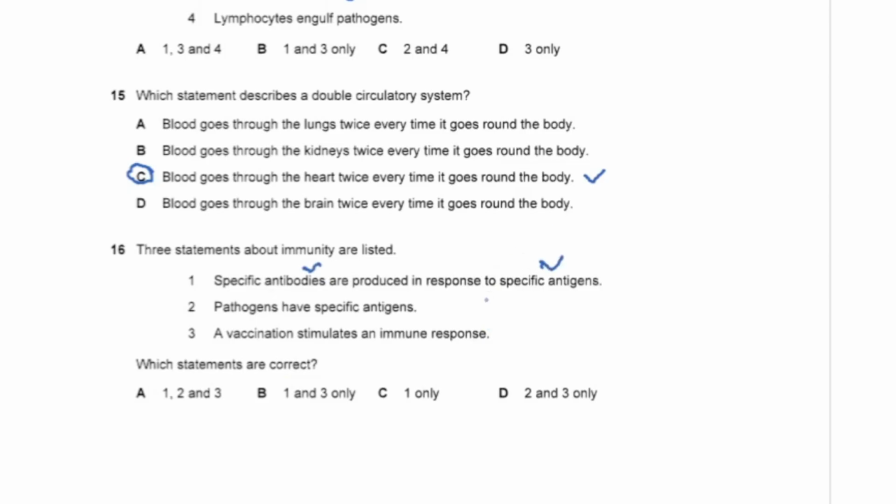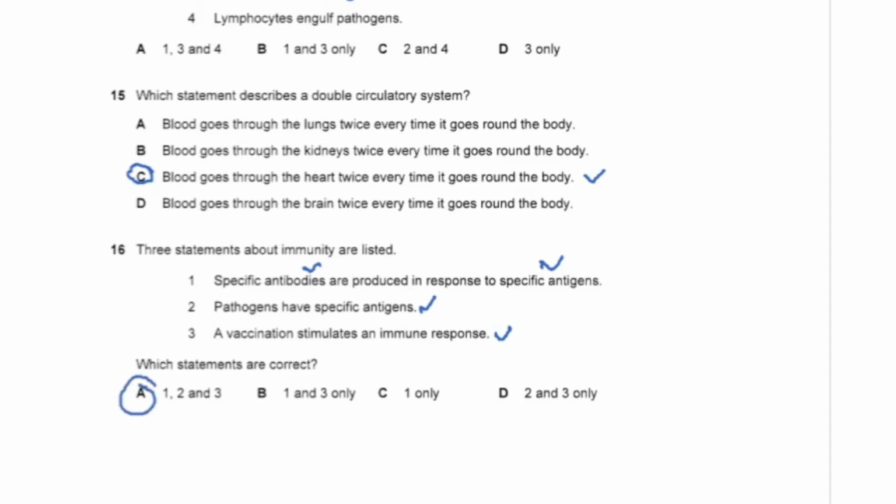As a matter of fact, the shape of the antigen must be complementary to the shape of the antibodies. So that is correct. Number 2, pathogens have a specific antigen. That's also very correct. There are specific antigens for all the pathogens that affect the body. And then number 3, a vaccination stimulates an immune response. That's also very correct. So the correct answer there is A.